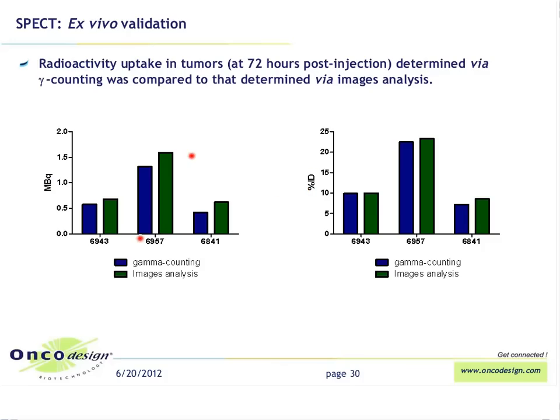And in both cases, the SPECT imaging quantification is very well correlated to the gamma counting information.